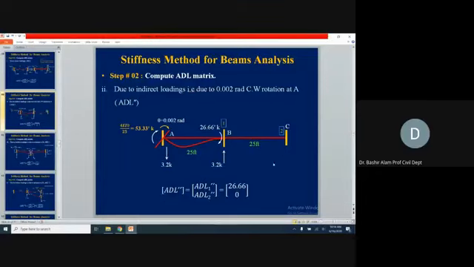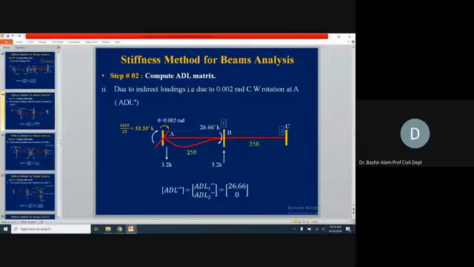So the unbalanced moment divided by the moment arm, L, 25 only, comes to 3.2.